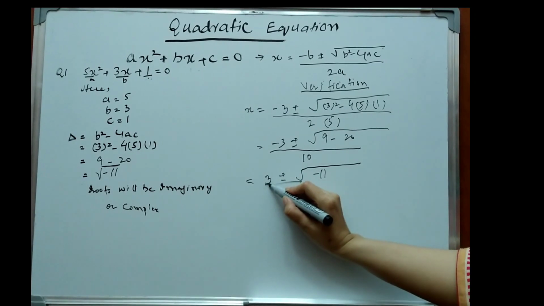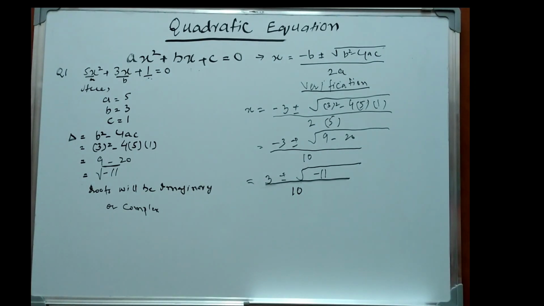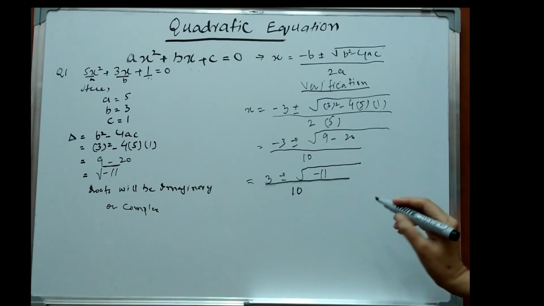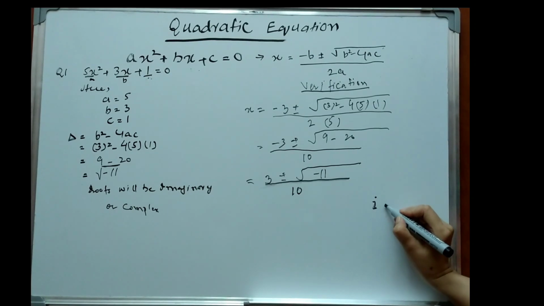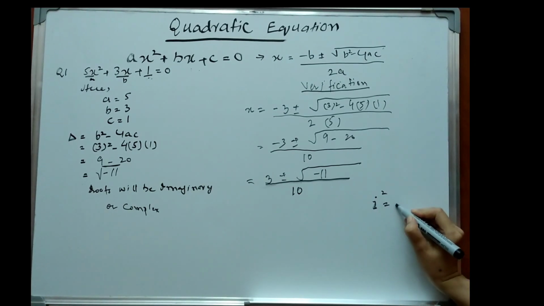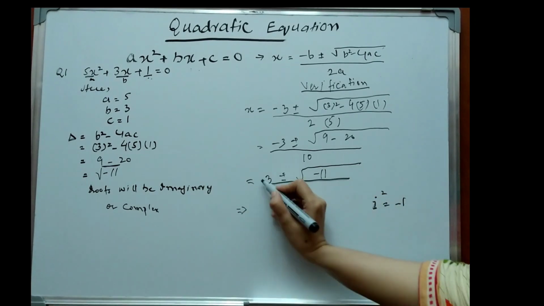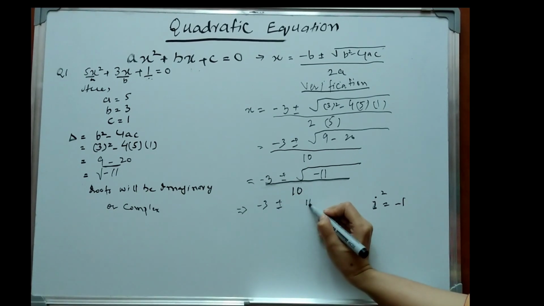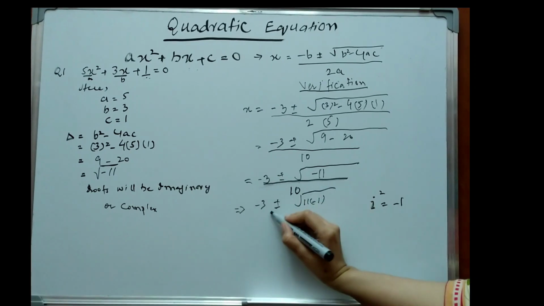Divided by 10. Now here you see that the value under the root is negative. We know that iota square is a complex or imaginary value equal to minus 1, so we can write this as minus 3 plus minus root of 11 into minus 1, divided by 10.